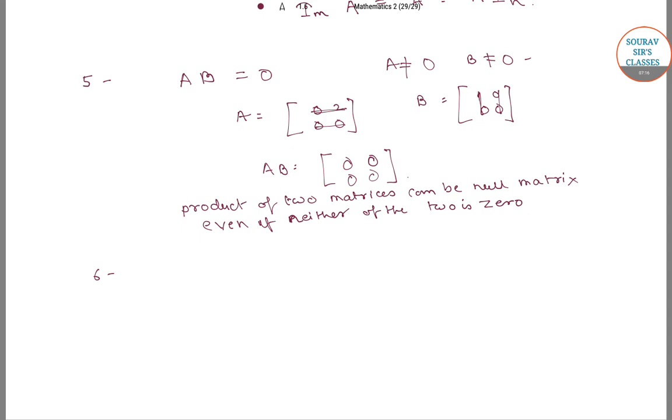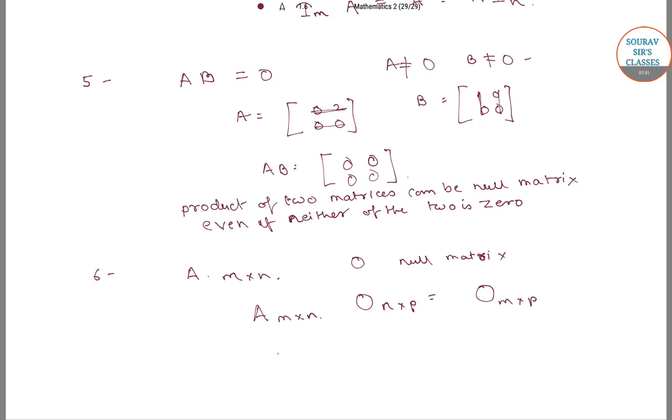The next property states that if A is a matrix of order m by n and O is a null matrix, then A of order m by n into O of order n by p is equal to a null matrix of order m by p.